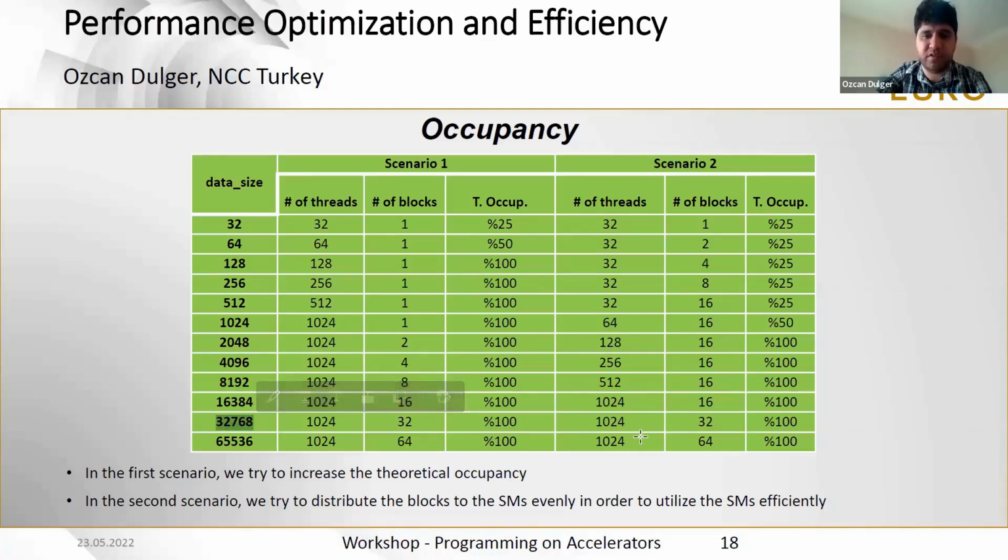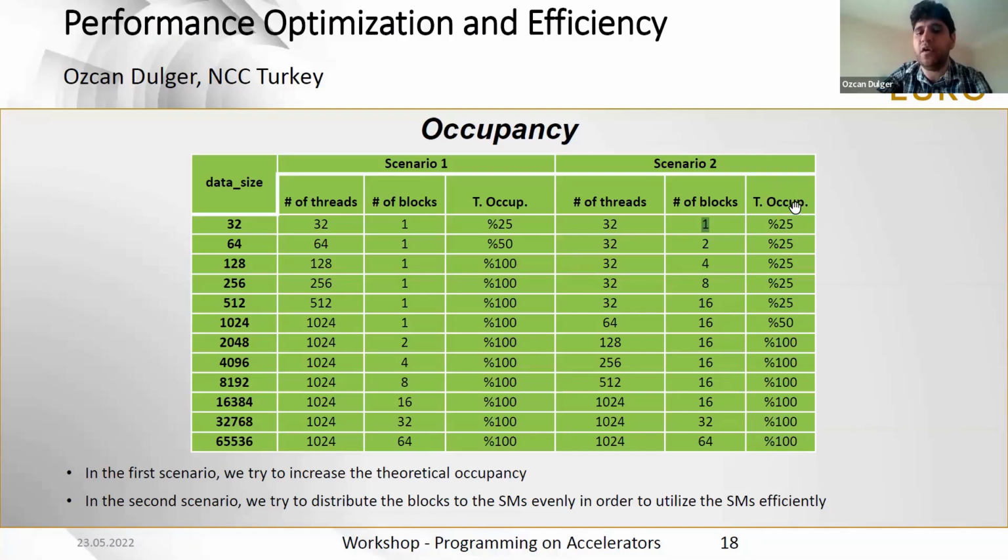And we fix the number of threads to 1024 because of the limitation. As we check the number of blocks created in this scenario, it starts with 1 block and the number of blocks doubles as the data size doubles. It is different from the first scenario.